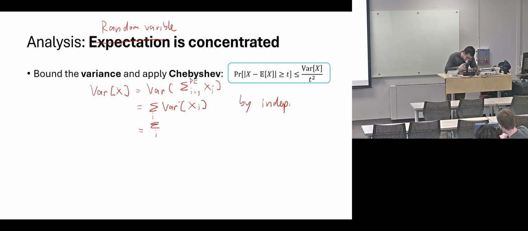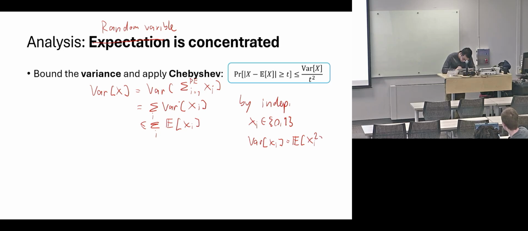Next, I claim that you can bound the variance by the expectation. This is because x is 0, 1. You see, the variance of x is this thing, right? Xi square minus xi, everything square.